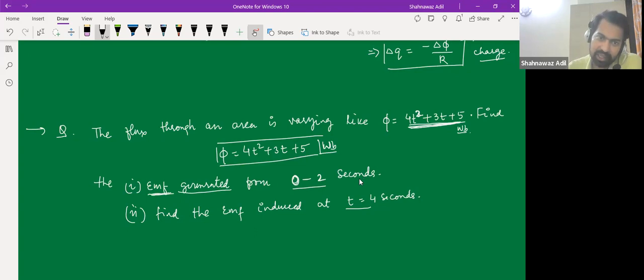And then we have to find the EMF induced at t equal to 4 seconds. So we have this first case and this is the second. In these two situations, we have to calculate the EMF induced. Understood the question, Maria? Yes, sir. Please calculate, guys, and tell me quickly.